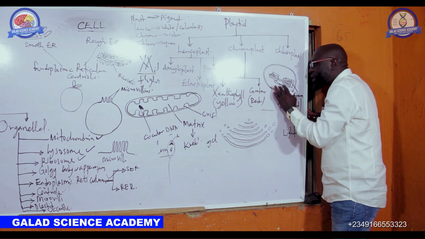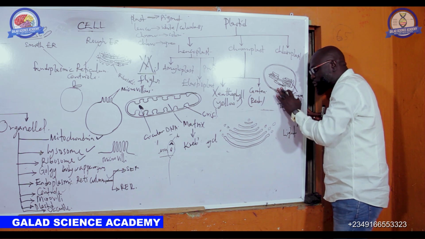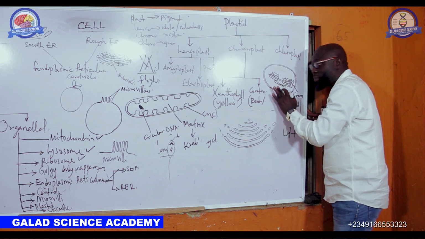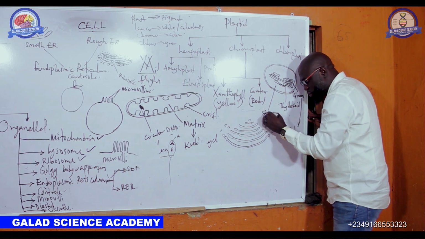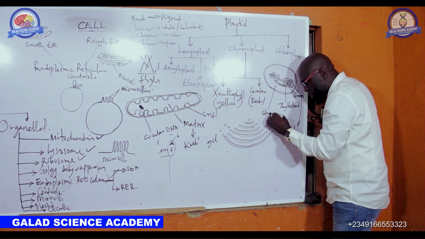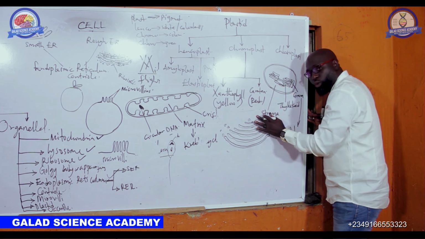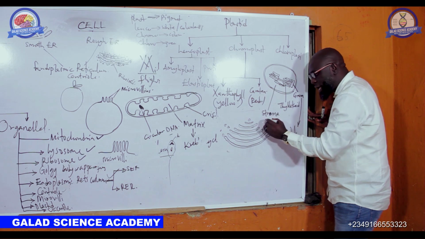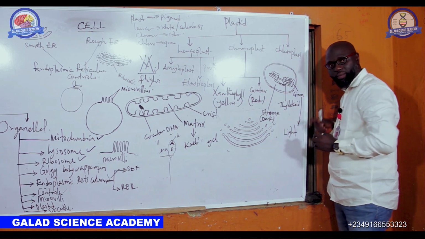And inside the chloroplast, there is a floor. Here, this smooth floor of what? Of chloroplast, we call it what? Stroma. And this stroma we have here is used for dark reaction.